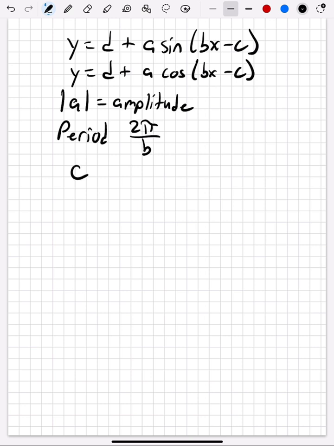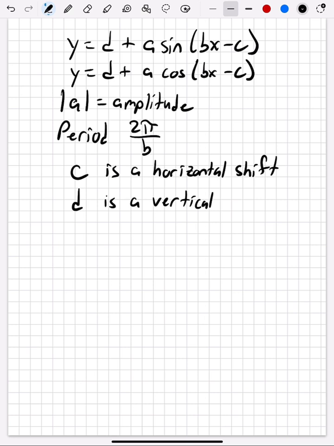C is a horizontal shift or translation. D is a vertical shift or translation. So those are all of our components of the generic sine and cosine functions.